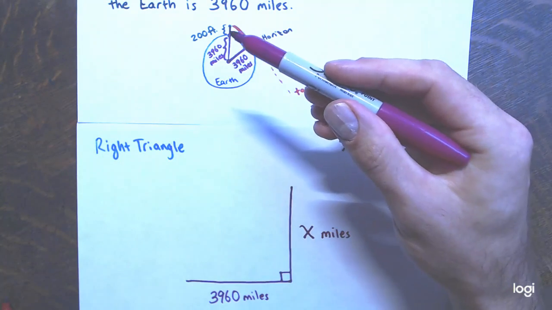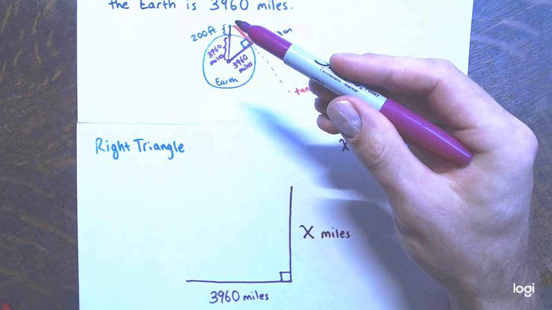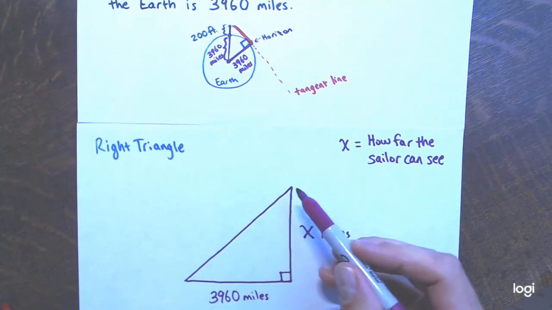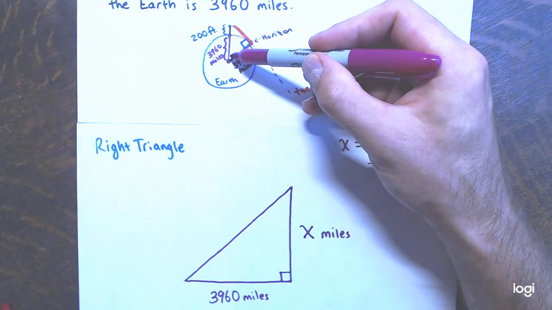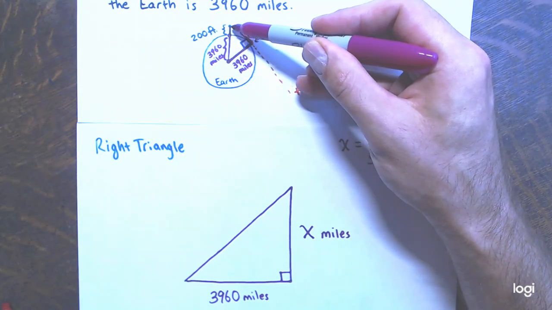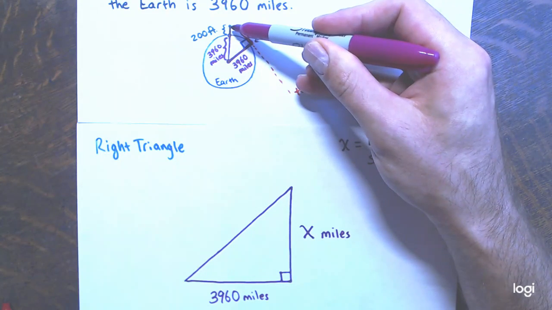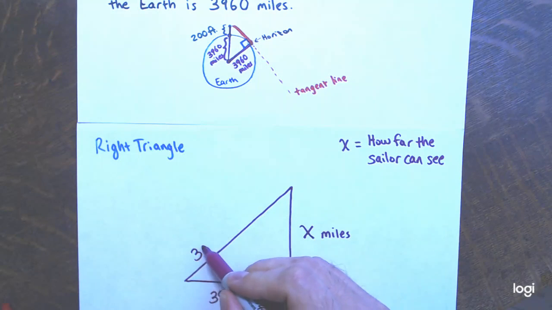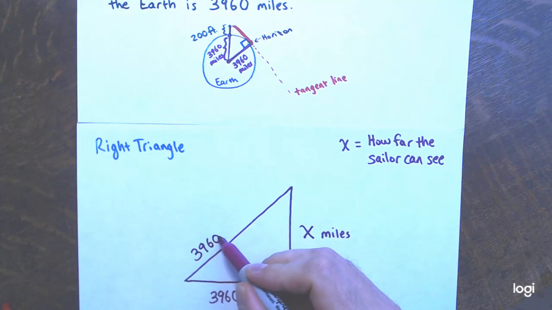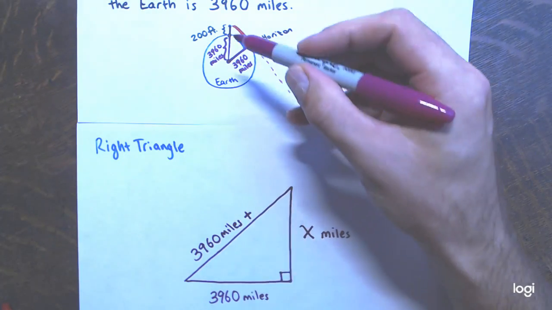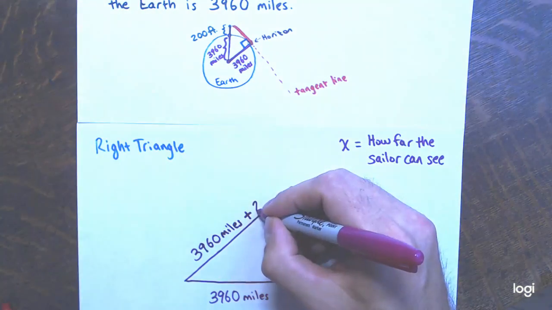And then the hypotenuse, the side opposite the 90-degree angle, of this triangle is the radius of the Earth underneath where the sailor is, plus how far off the surface the sailor is on this mast. So the hypotenuse has a length of 3,960 miles plus an extra 200 feet.